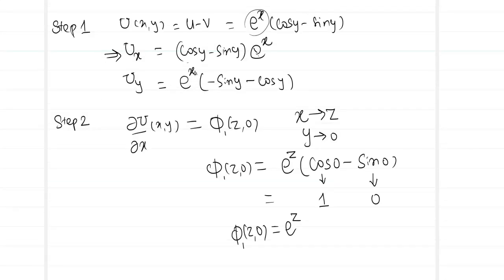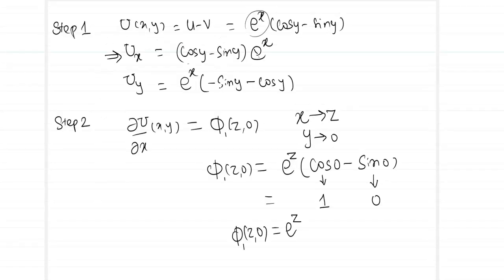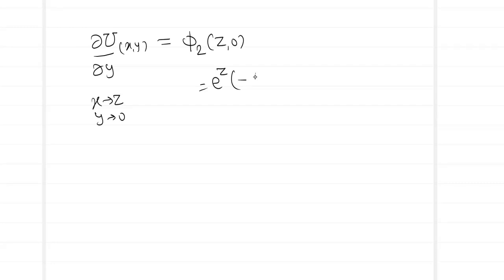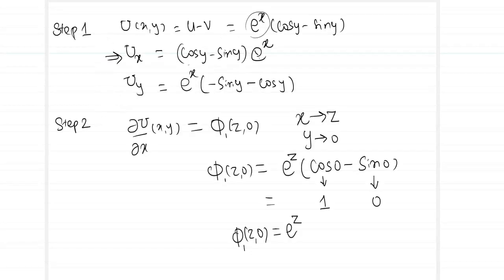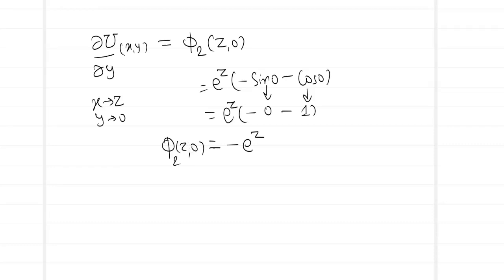This becomes e power z into minus sine 0, which is 0, minus cos 0, which takes the value 1. Hence this becomes minus e power z. So my phi 2 of z comma 0 becomes minus e power z.